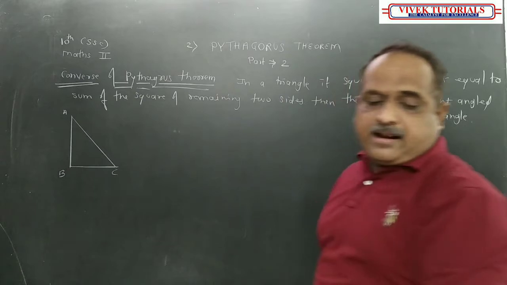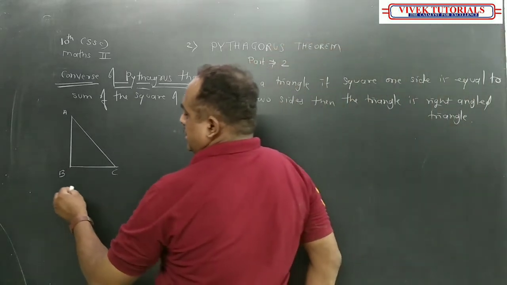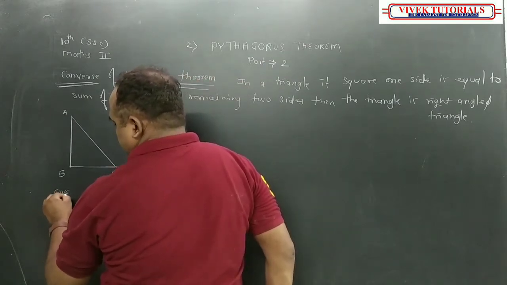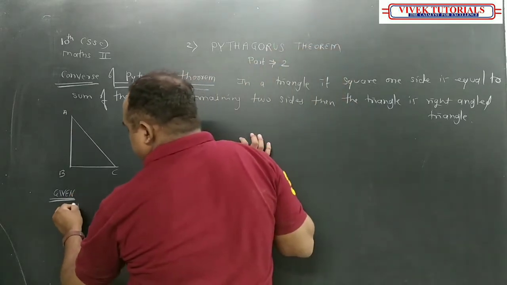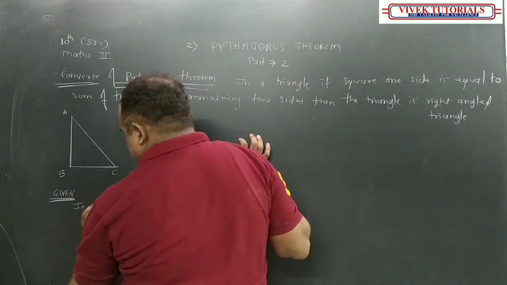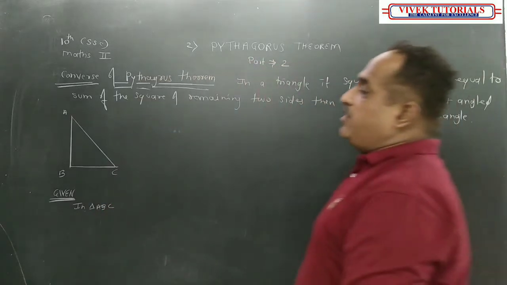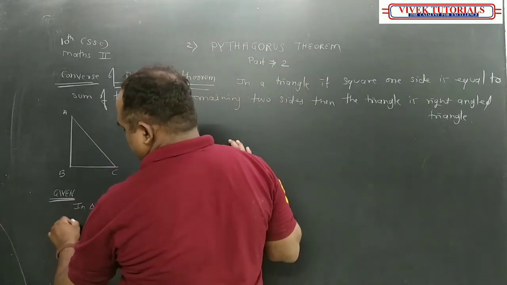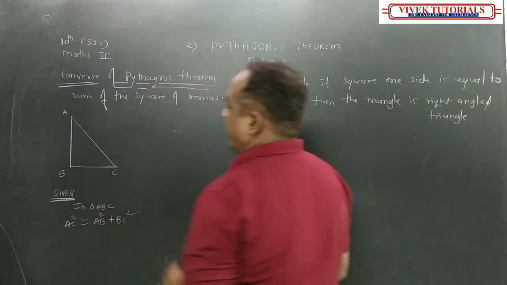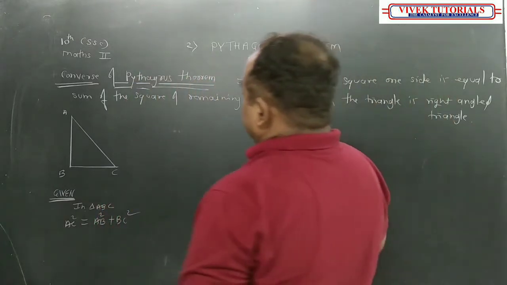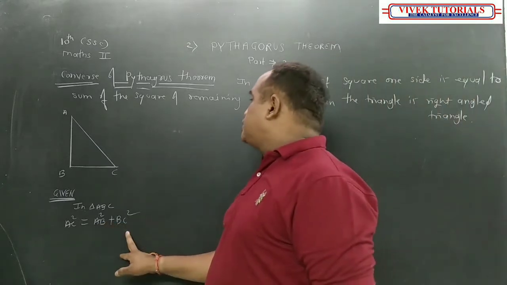It is looking like a right angle triangle, but okay. Given in triangle ABC, the square of one side, that is AC square, is equal to AB square plus BC square, the sum of the squares of the other two sides.